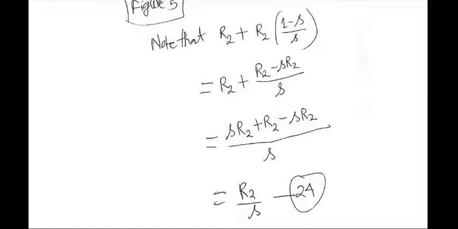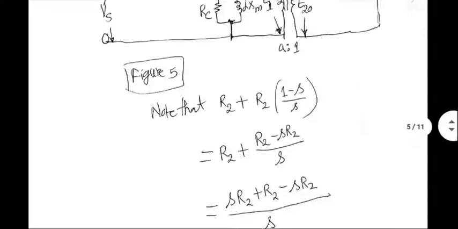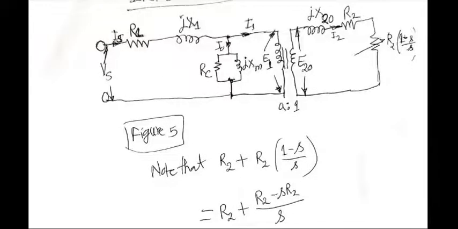So that single resistance R2 upon S can actually be thought of as a series combination of two resistances. One of them R2, which is independent of slip, and the other one is a slip dependent component, which is R2 into 1 minus S upon S. This is what IEEE shows all the time in their publications when it comes to equivalent circuit of a three-phase induction. So essentially what it means is, at the beginning, when slip is 1, the variable resistance will be 0.